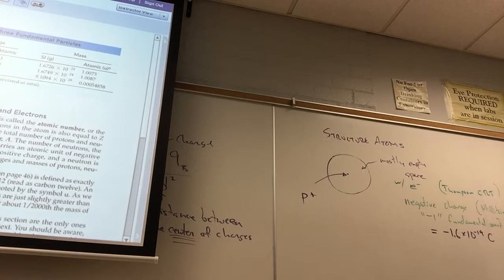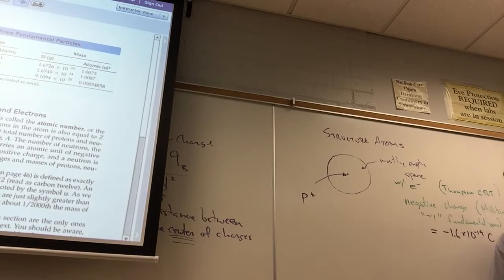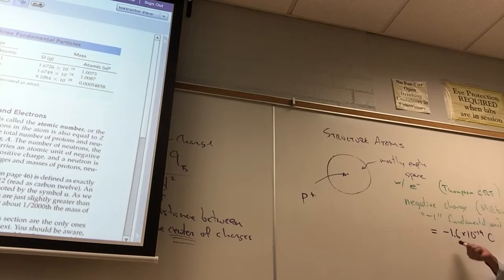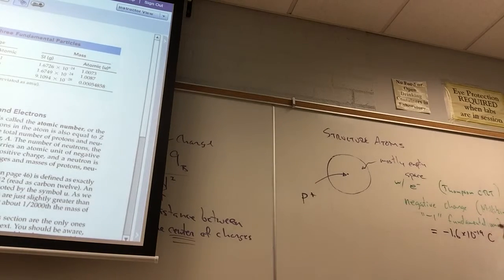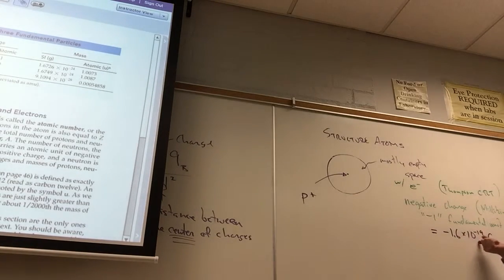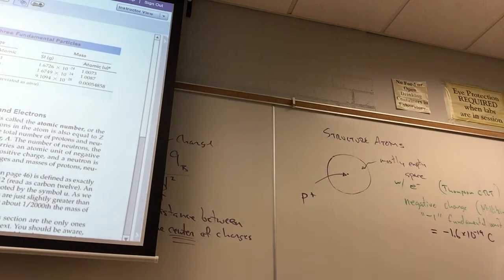Let me ask you, true or false? In nature, a particle can have a charge of -1.7 times 10 to the -19 coulombs. Is that possible?